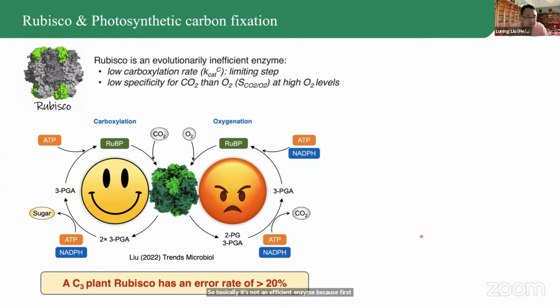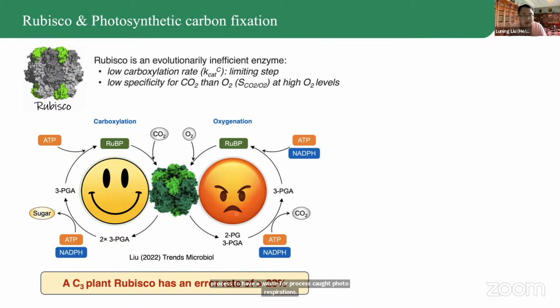And second, Rubisco can interact with CO2 and oxygen. By binding with CO2, it catalyzes the carboxylation process to produce sugar. But at a high level of oxygen, it can also bind to oxygen to carry out the oxygenation process, a wasteful process called photorespiration.